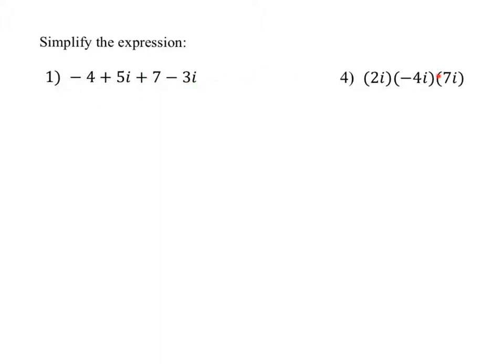These problems, we are just simplifying the expression, so we're going to just combine like terms until we can't combine anymore. So like this here, I see a real number and another real number, so I can go ahead and combine them. I can combine negative 4 and 7 to make positive 3, because negative 4 plus 7 is positive 3.